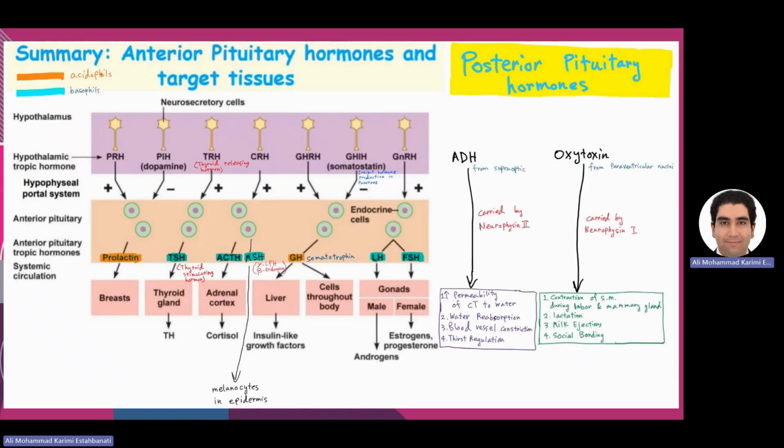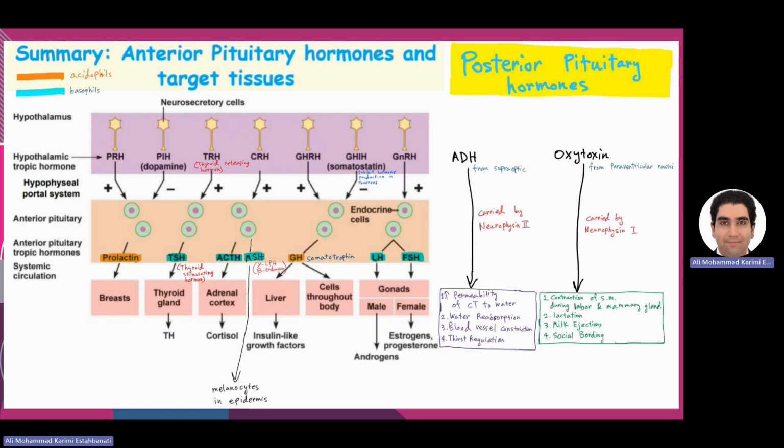If you can remember this, you should be fine almost till the end of the year. So, what is this? It's a summary of the hormones we can find in the anterior and posterior pituitary. The hormones basically start by being produced by the hypothalamus.